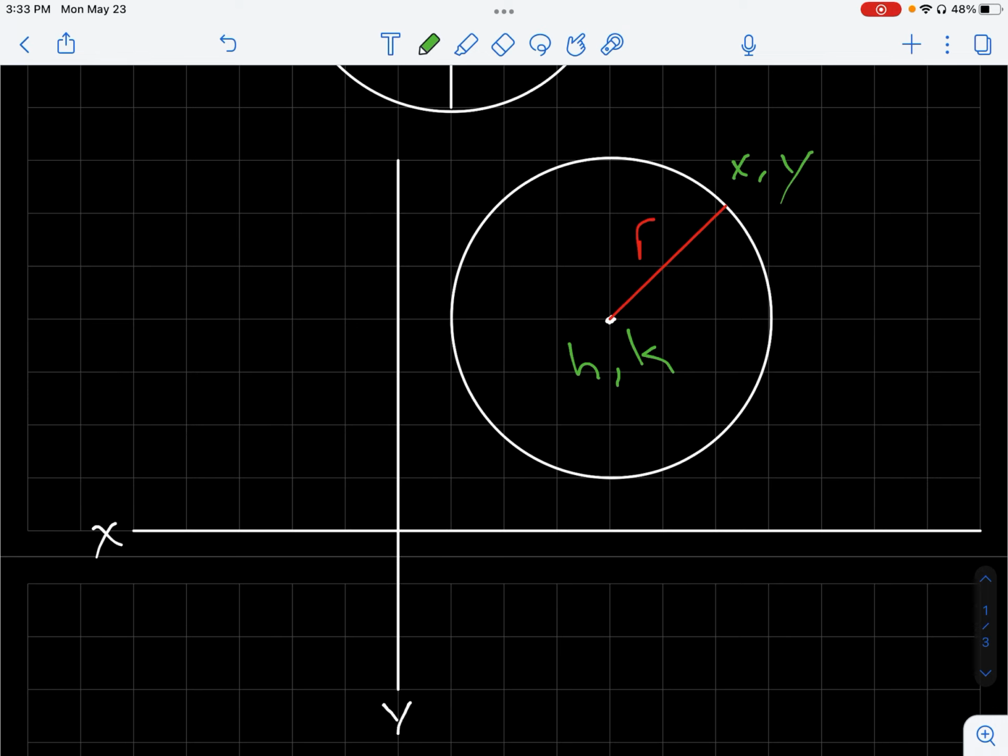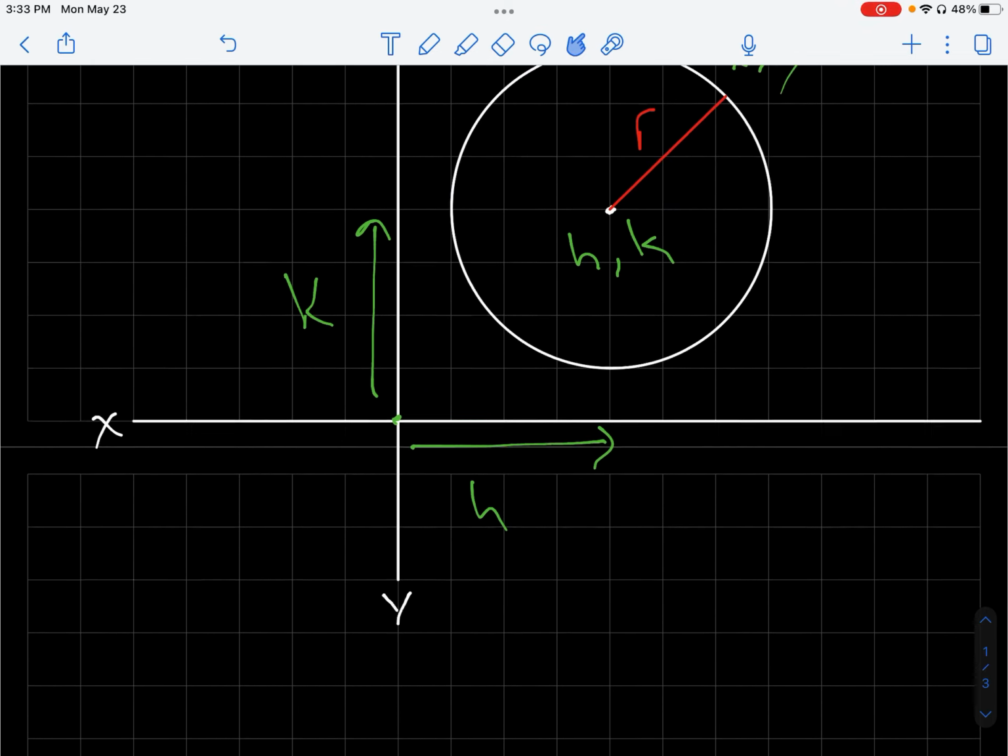Because what we're going to find is that the radius of the circle is h distance on the x, and it is k distance on the y. So to determine what the radius is, we have to adjust x, y by h and k, and then we can measure it as if it was on the origin.